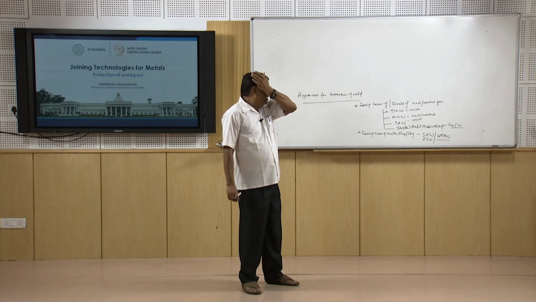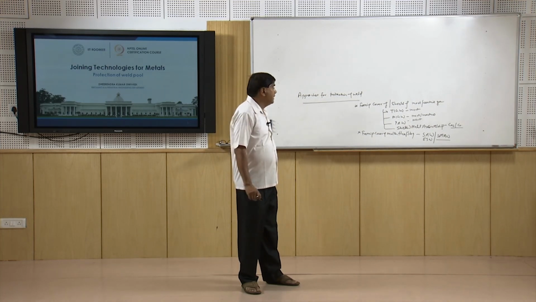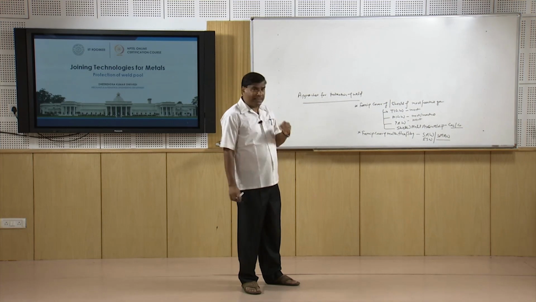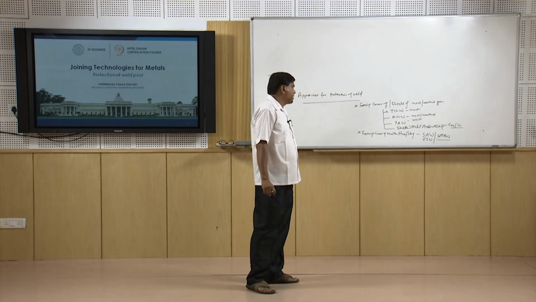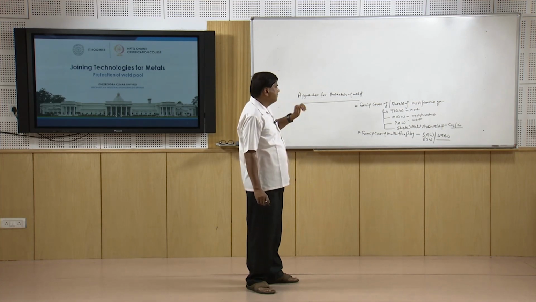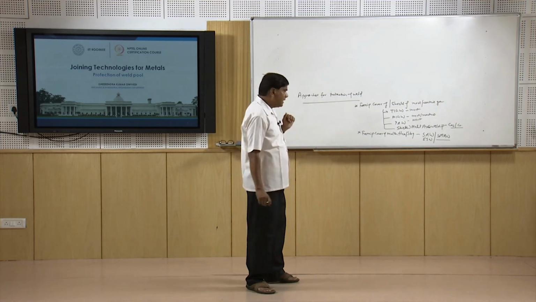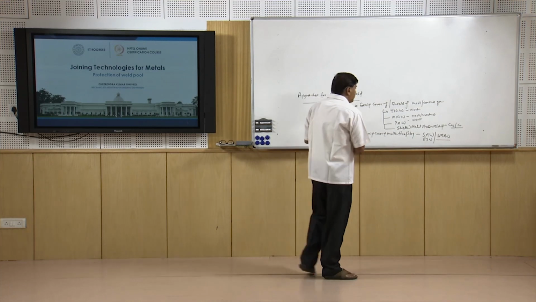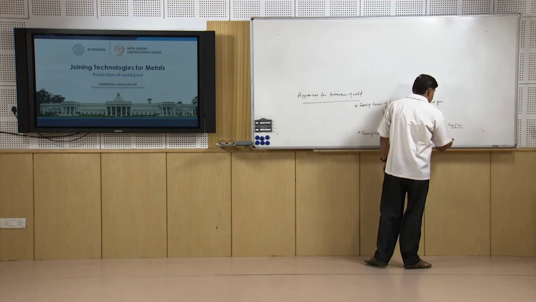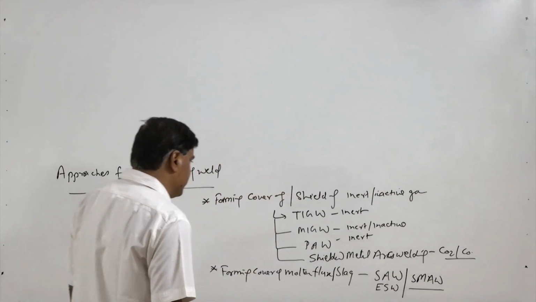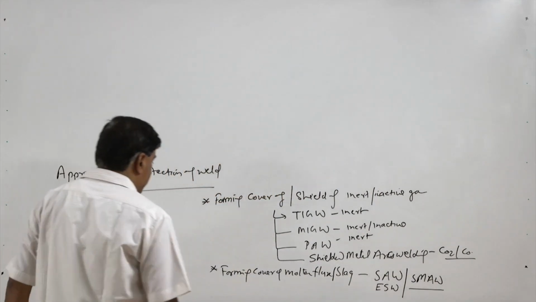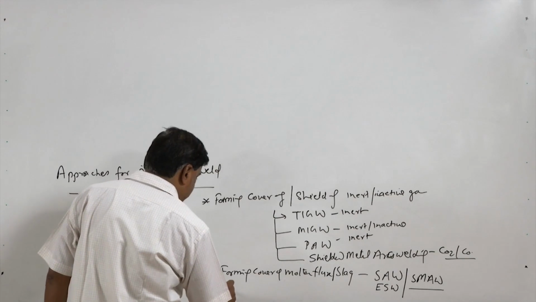So, it uses both forming the shield of inactive gases like CO and CO2 and covering the molten metal with the molten slag. So, both the approaches are used in case of shielded metal arc welding. Now, we will see the kind of vacuum.